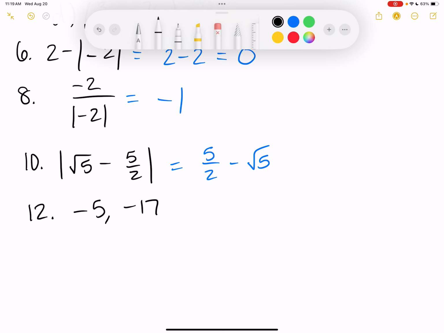We just do the absolute value of one of them minus the other one. It doesn't matter which one's listed first because they're in an absolute value. It's going to become positive either way. So this would be the absolute value of -5 minus -17. So that ends up being just 12. So those are like the easy ones.